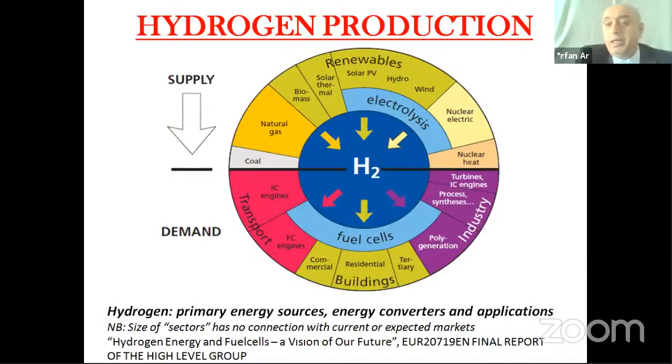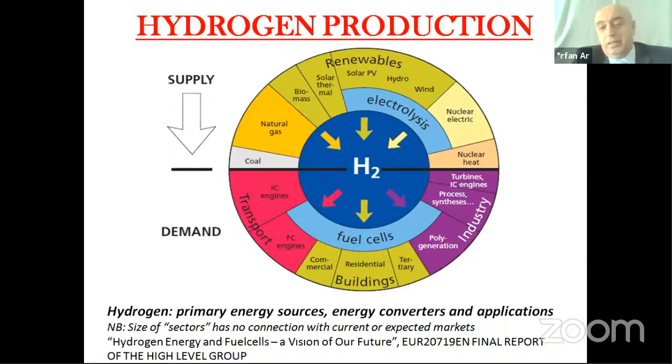On the other hand, we have other demands for hydrogen. In the upper hemisphere, you can see the hydrogen production methods. In the lower hemisphere, the demands for hydrogen appear.